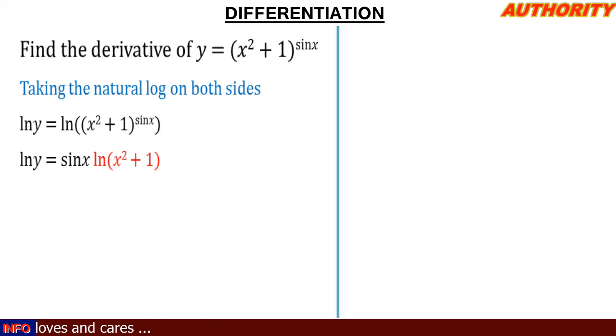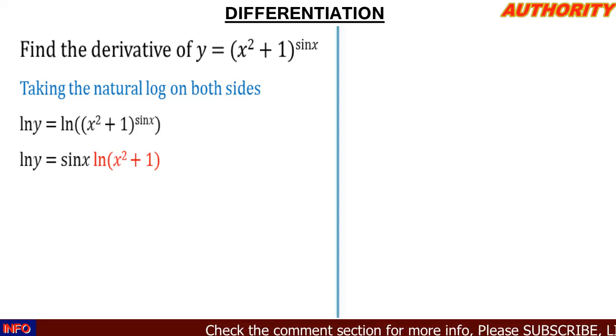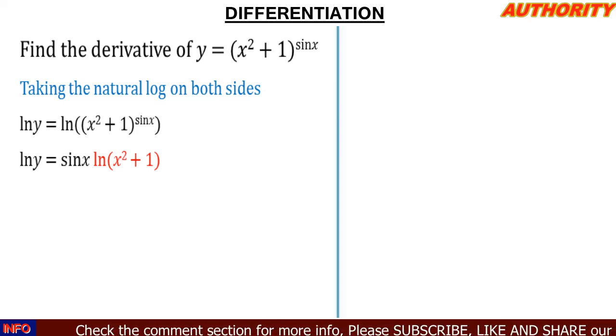Now going to the right hand side, we have sine x ln (x squared plus 1). Here we are going to apply the product rule: differentiate sine x multiplied by ln (x squared plus 1), plus the derivative of ln (x squared plus 1) multiplied by sine x.